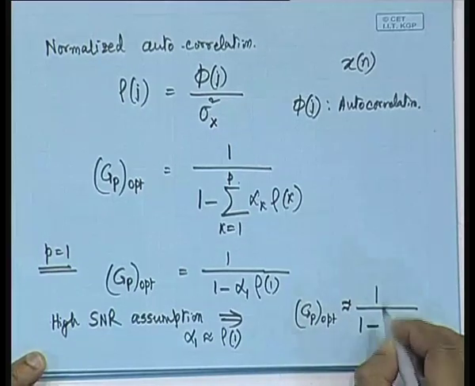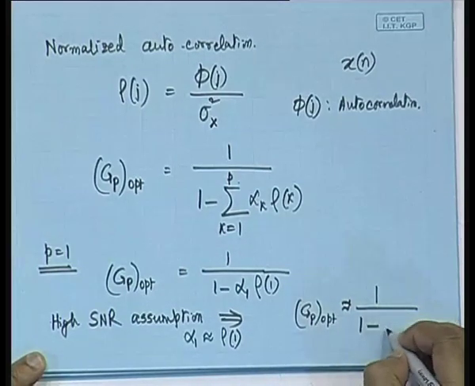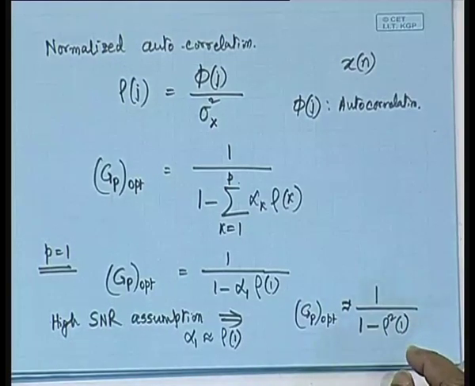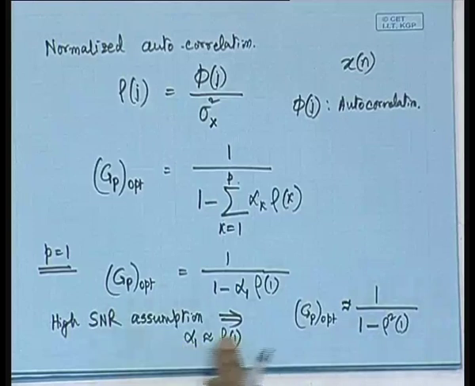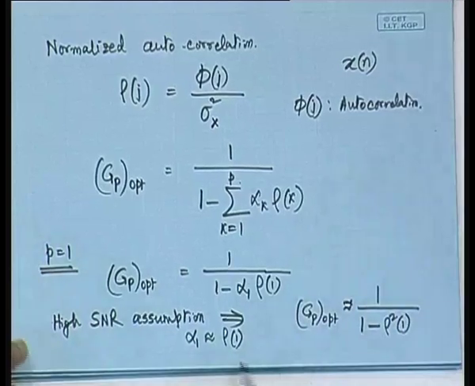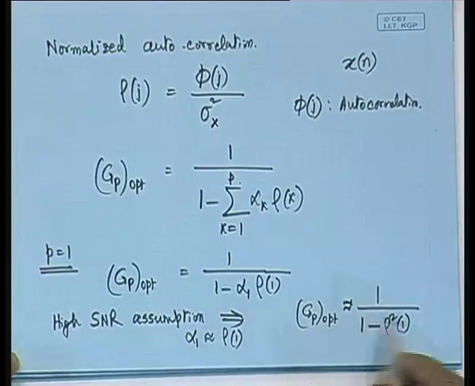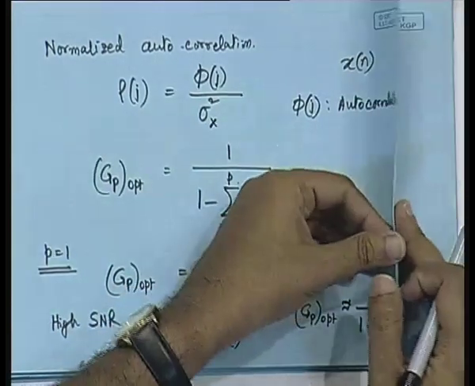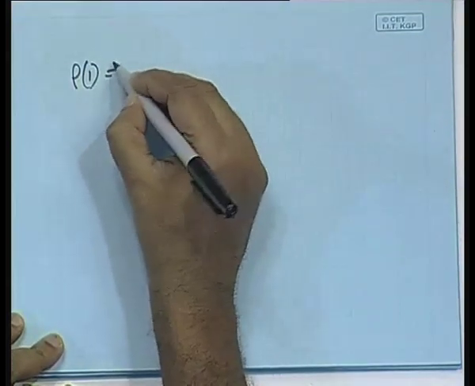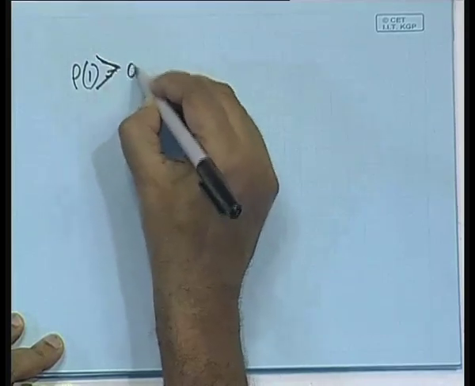So, taking alpha 1 to be approximately equal to rho 1, we can approximately write GP optimal as 1 upon 1 minus rho squared 1, because we just substitute alpha 1 equal to rho 1 into this expression. Now, a typical value of rho 1, let us say, is greater than 0.8.